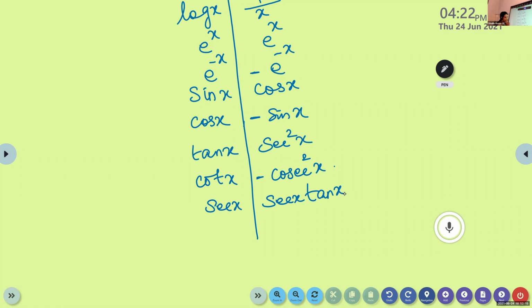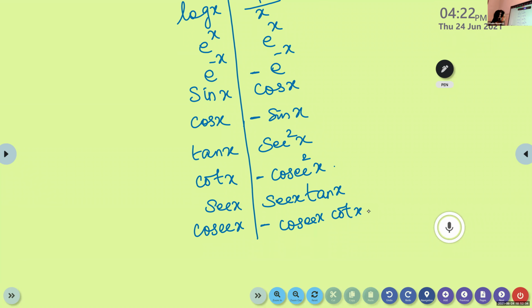Derivative of sec x is sec x tan x. Derivative of cosec x is minus cosec x into cot x.